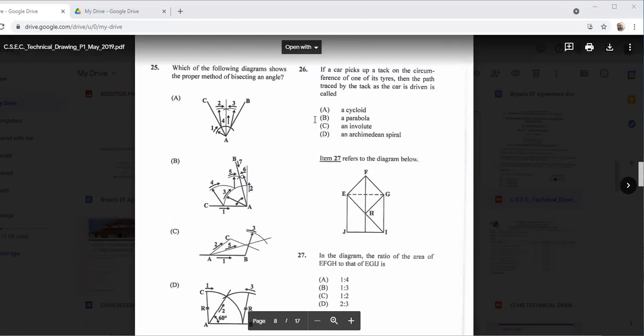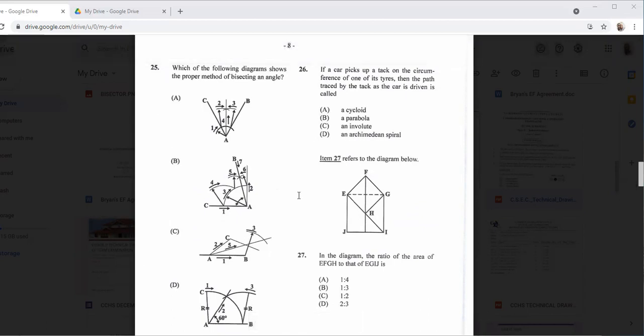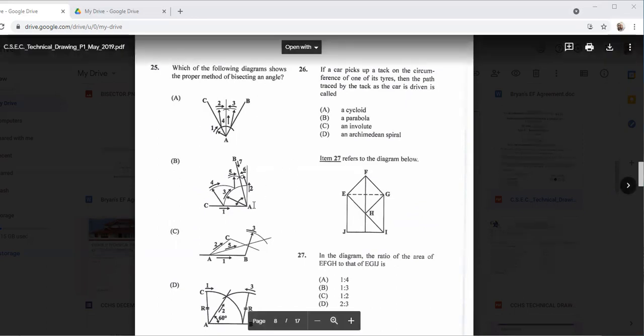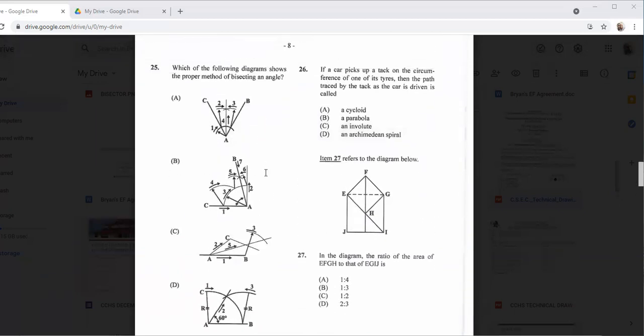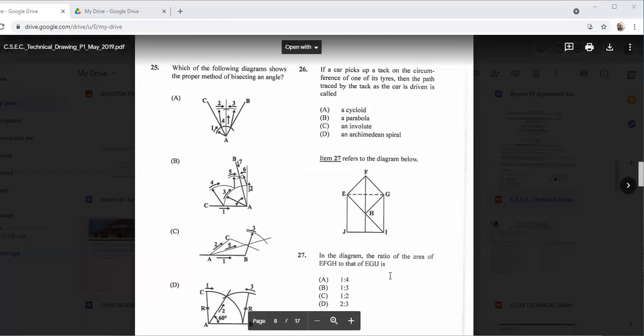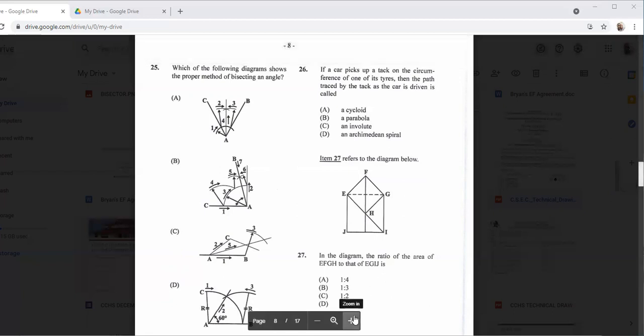25. Which of the following shows the best method of bisecting an angle?